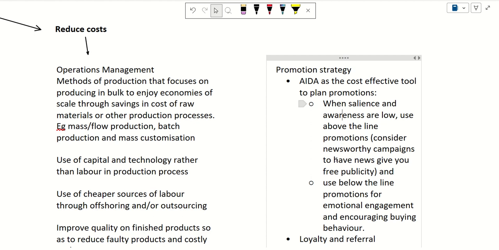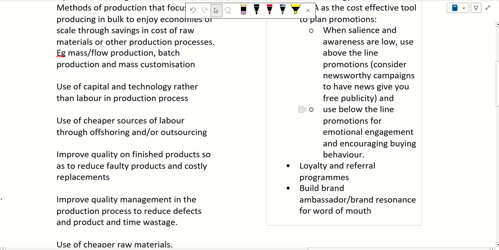So how much do I have to invest in all these promotions and things like that? The whole idea is that with AIDA, I let my product or my brand be salient in the market, and then from there, once I have the customers coming into my store, interacting with my website, my salespeople, I will start to use below the line promotions to encourage them to buy.